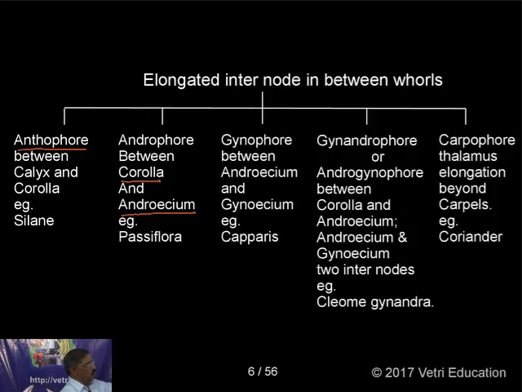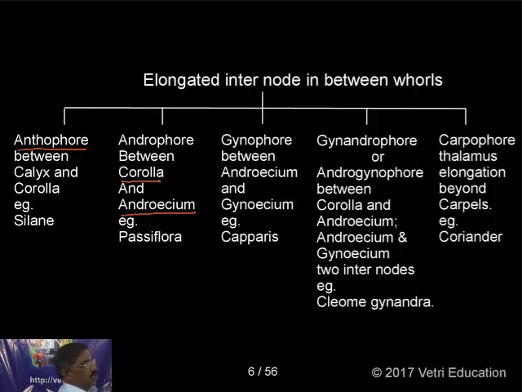Then gynophore, the stalk of the gynoecium, is the internode between androecium and gynoecium. Example, Capparis. The fourth one is gynandrophore or androgynophore. Both are the same: the elongation between corolla and androecium and between androecium and gynoecium, so two internodes. Example, Cleome gynandra.